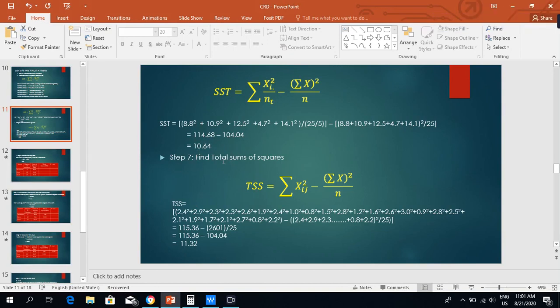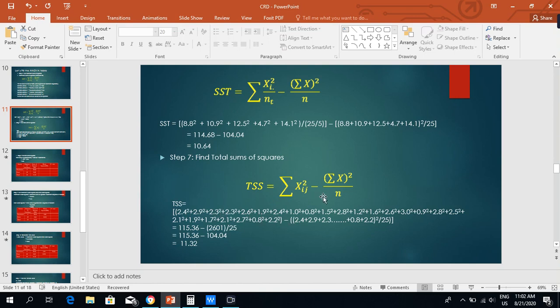Next, we should find out the total sums of squares. So we can use this equation to find that value. For this part, you should add the squared value of the yield of each experimental unit together, like that.